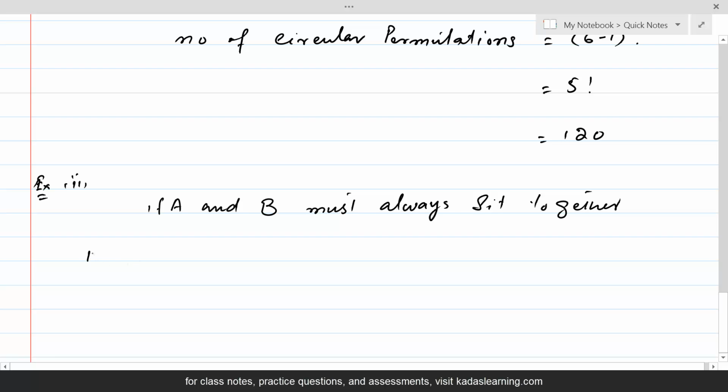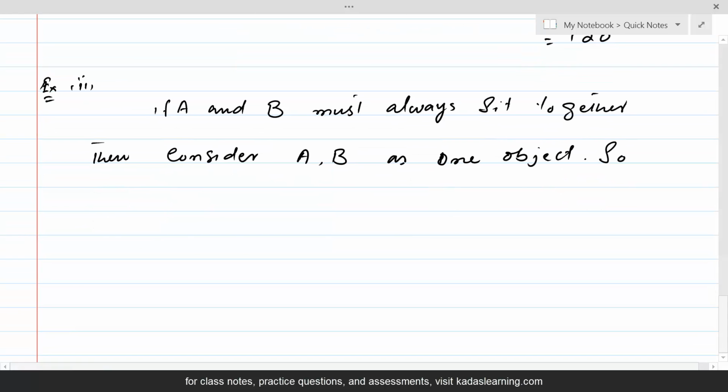So if that is the case, then the number of objects will be 4 instead of 5.